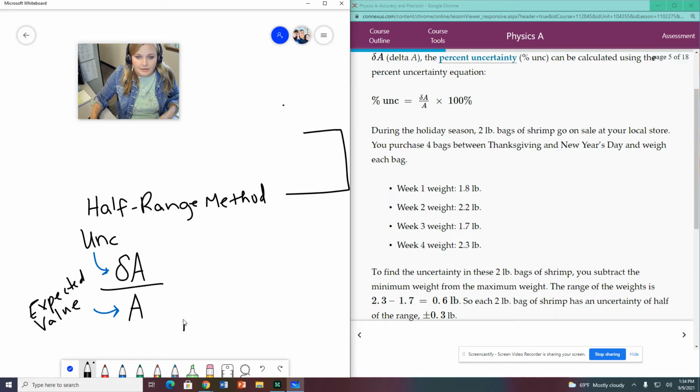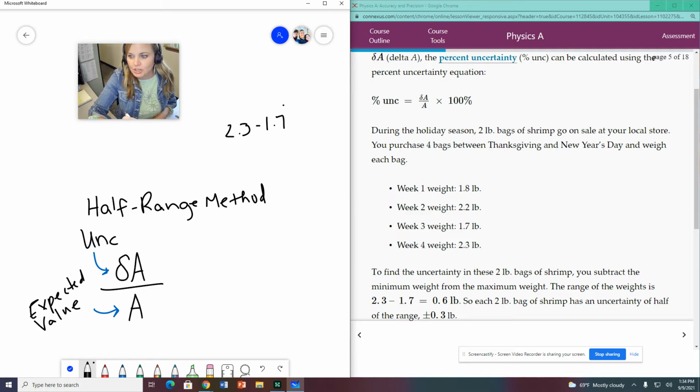So in the case of, first of all, we got to find the uncertainty. To find the uncertainty, we use the half range method. Basically you take the range and divide it by 2 because it's the half range method. So for this, our range is the high minus the low. So we have 2.3 minus 1.7.